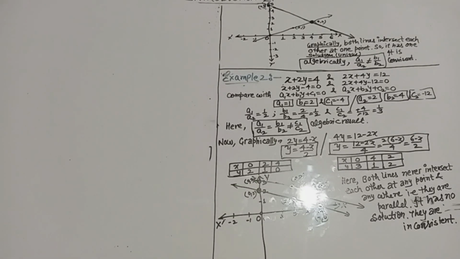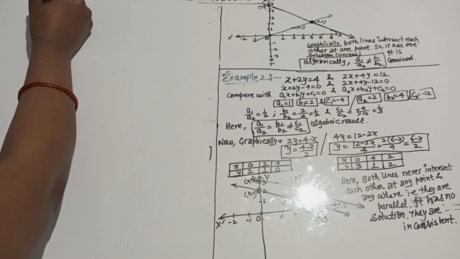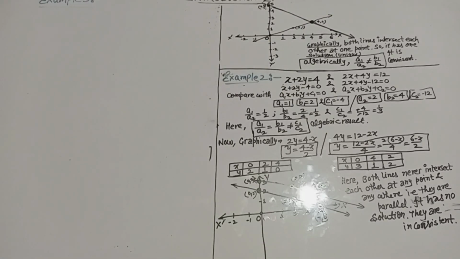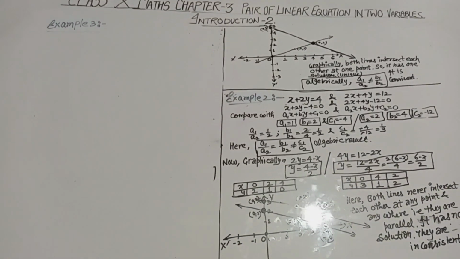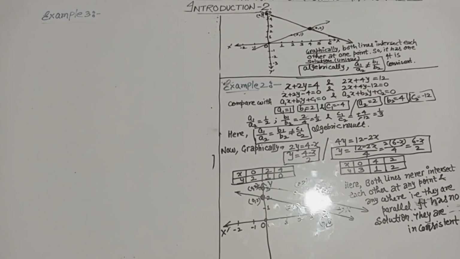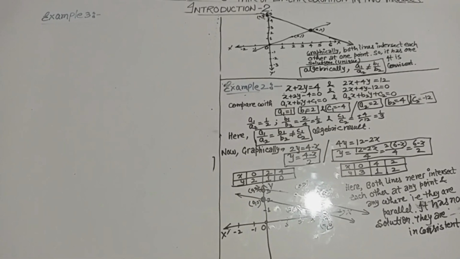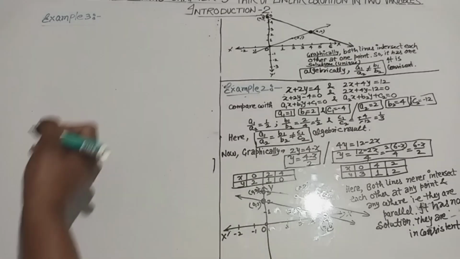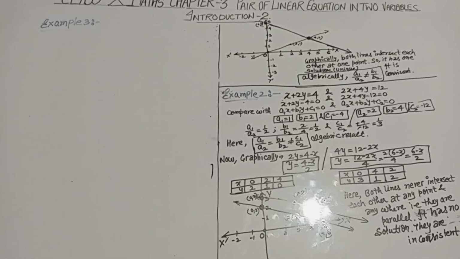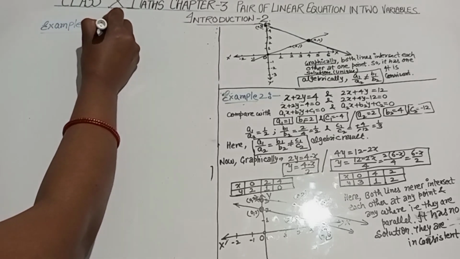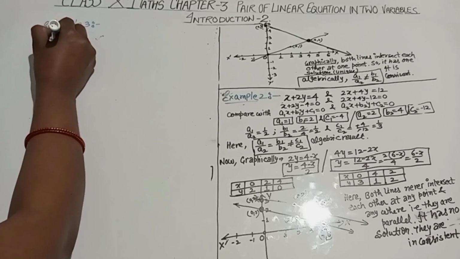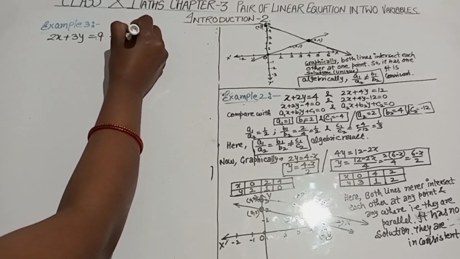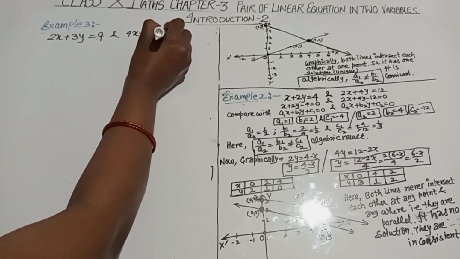Example 3 is 2x plus 3y is equal to 9 and 4x plus 6y is equal to 18.